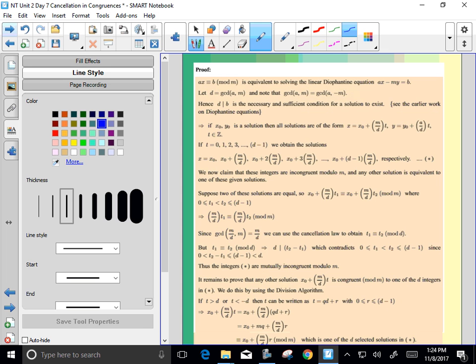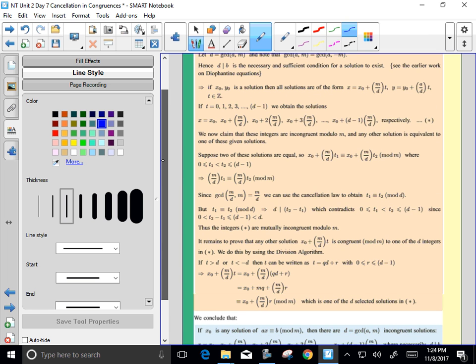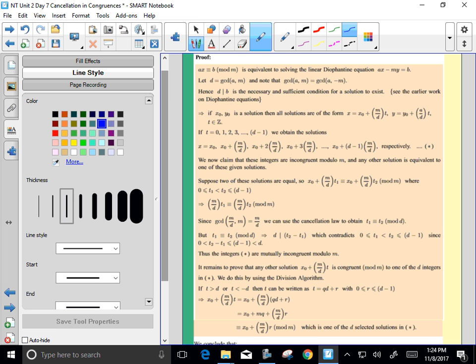And they prove that on this next slide. Should I go through this full page proof? I'm not going to, but you can go through it if you want. You can see how they started off with the Diophantine equation of power 1, and they used the idea of the GCD, and that's where they build all of these alternate, different congruent answers less than m.